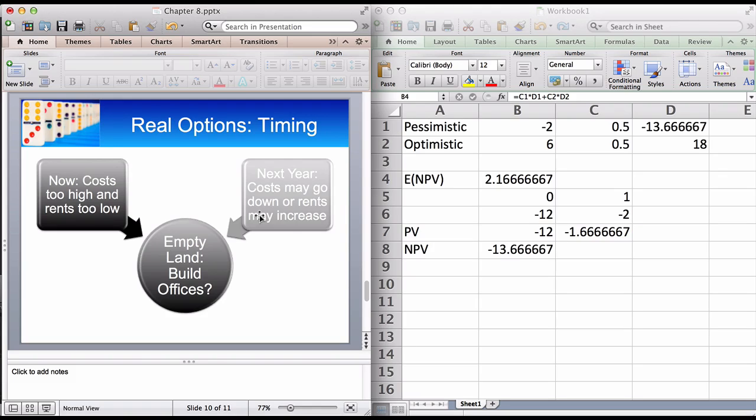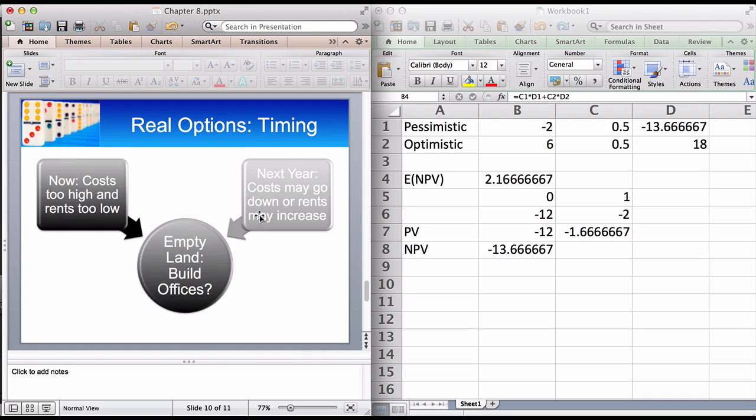It could be for agricultural products, or in this particular example, to build office space on it and then rent it. But it may be that at this point in time, the cost of extraction is much higher than the income you're going to get from the actual commodity.